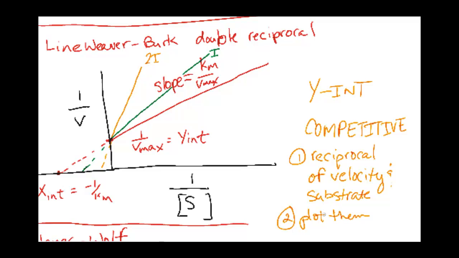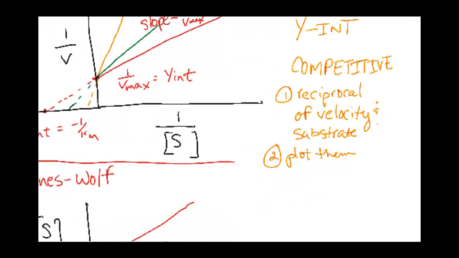And do the same with the inhibitor concentrations. You will have new rates at those inhibitor concentrations and plot those. And then see the behavior.